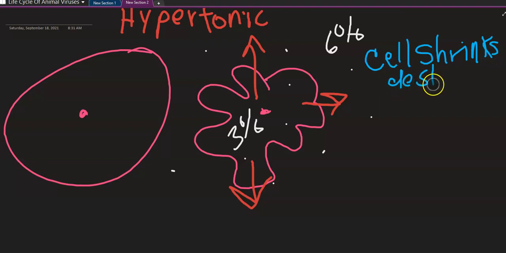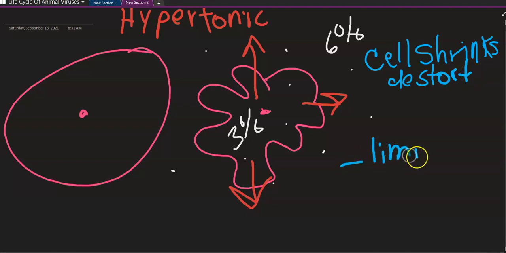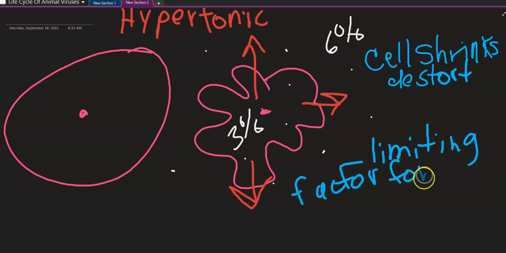This is important because this is a limiting factor for bacteria. They're not able to function. Most cells are not able to function if they shrink and distort.